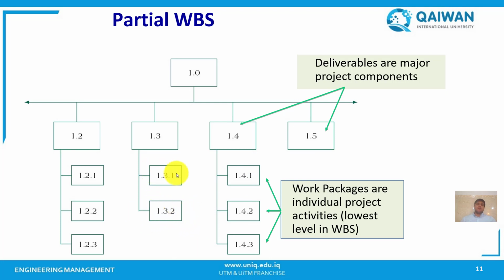A partial WBS focuses on specific areas of work package within the project. This provides a more detailed breakdown of those specific elements while excluding other parts.